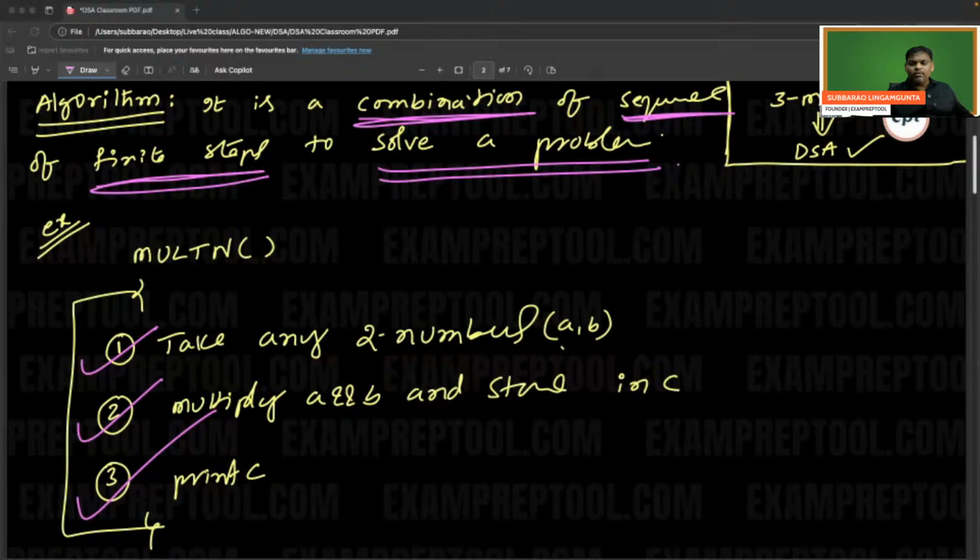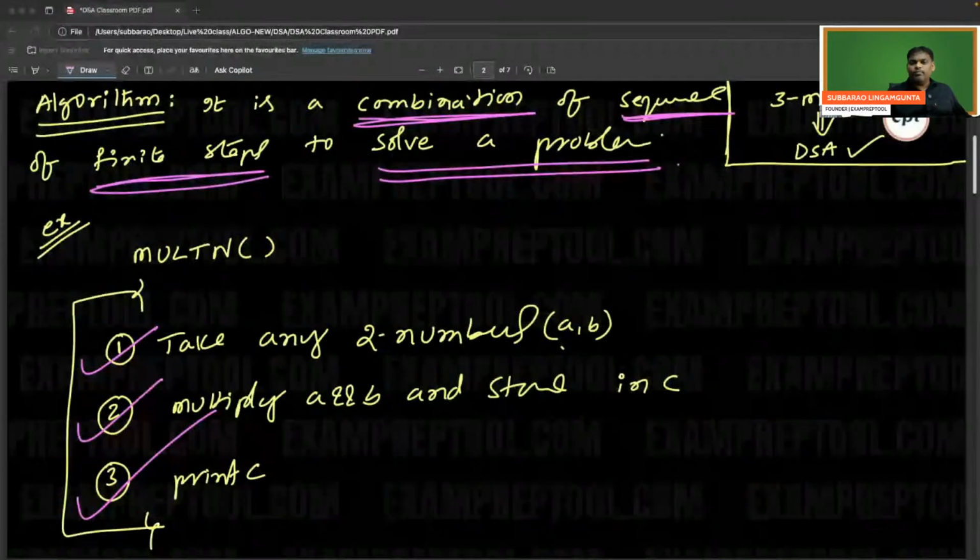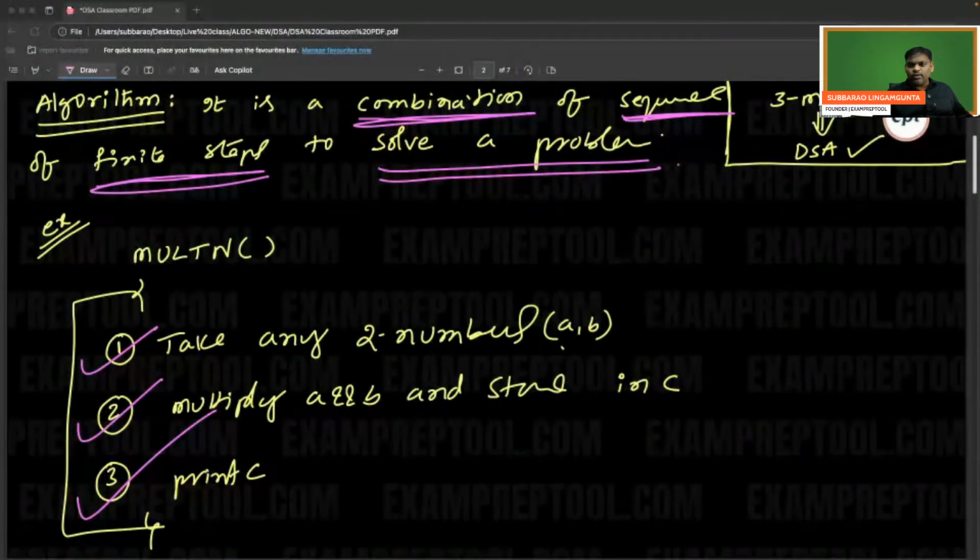An algorithm is very simple: it is a combination of a sequence of finite steps to solve a problem. Can we move to the next one? Please type.